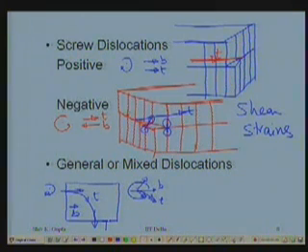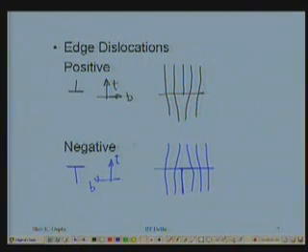So in the case of edge dislocation, there are compressions here and tensions there. Similarly, there are tension here and compression there. They are principal strains.